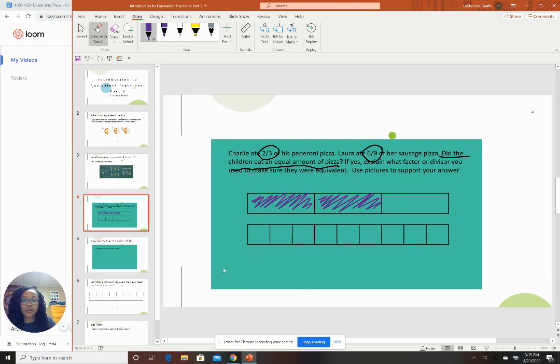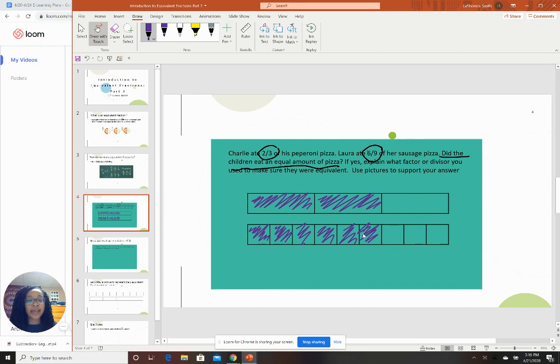And I need to shade in 6/9. So 1, 2, 3, 4, 5, 6. So the question is asking us, did the children eat an equal amount of pizza? Looking at our pictures, yes, they ate the same amount. So although these numbers are different, the value is the same.